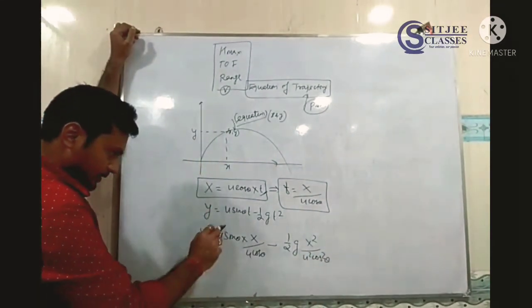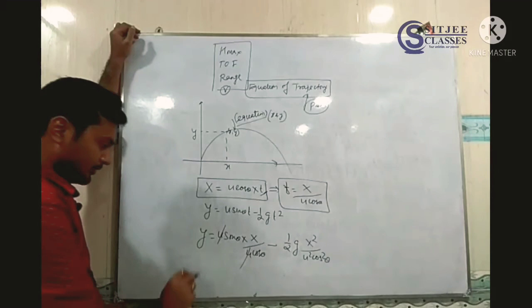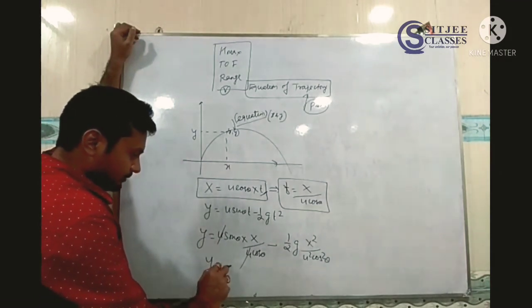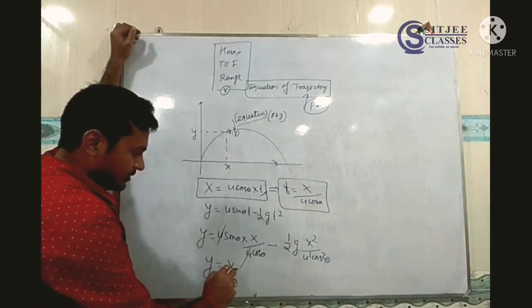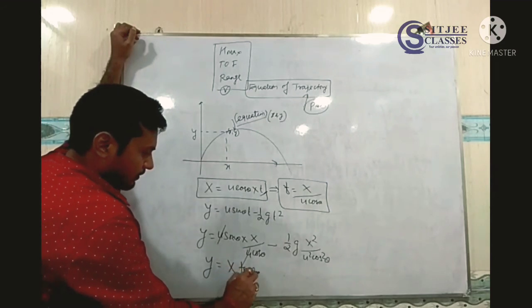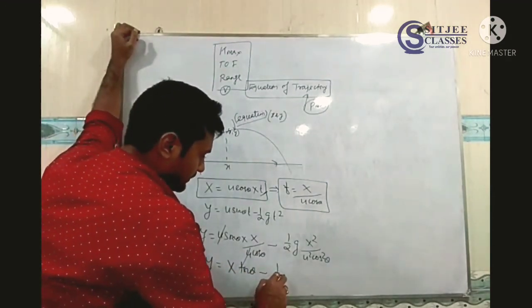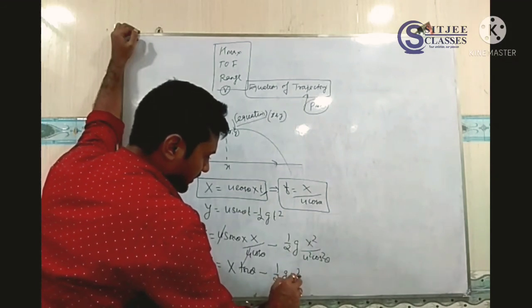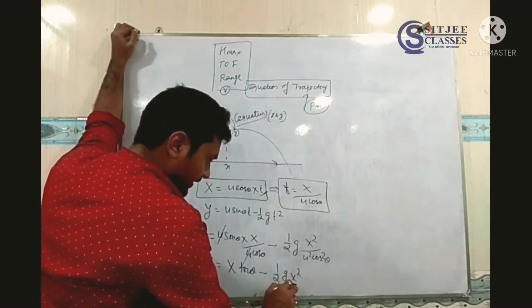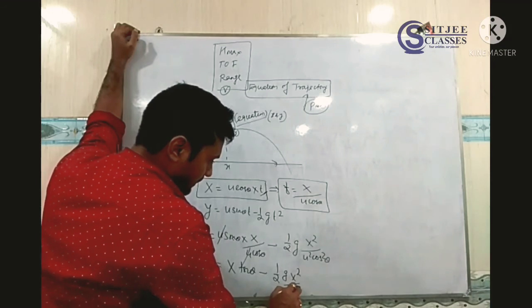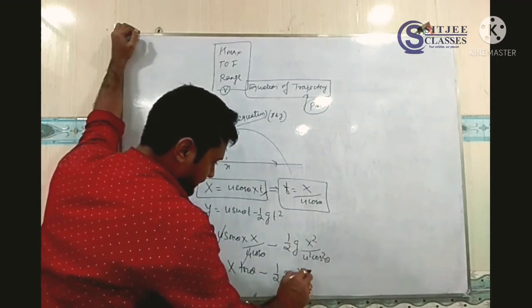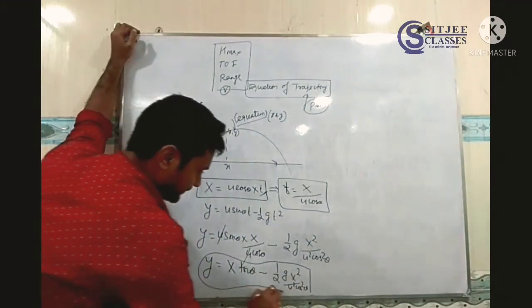Now you can see whatever is possible to cancel out. So y equal to x sin theta by cos theta, which is tan theta, minus half g x square over u square cos square theta. This is the equation of trajectory.